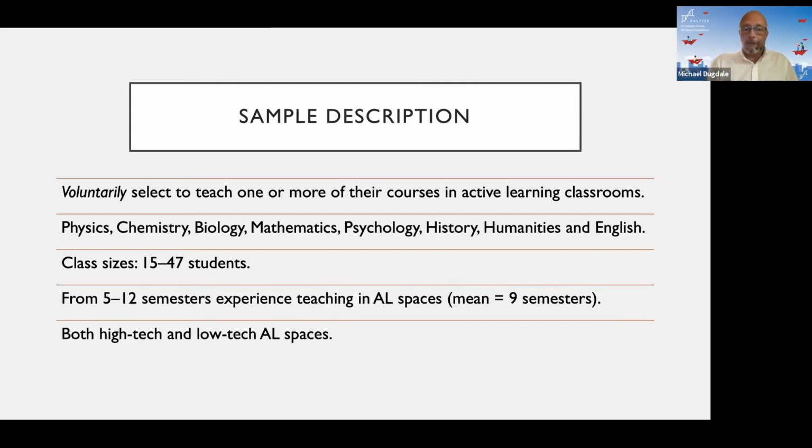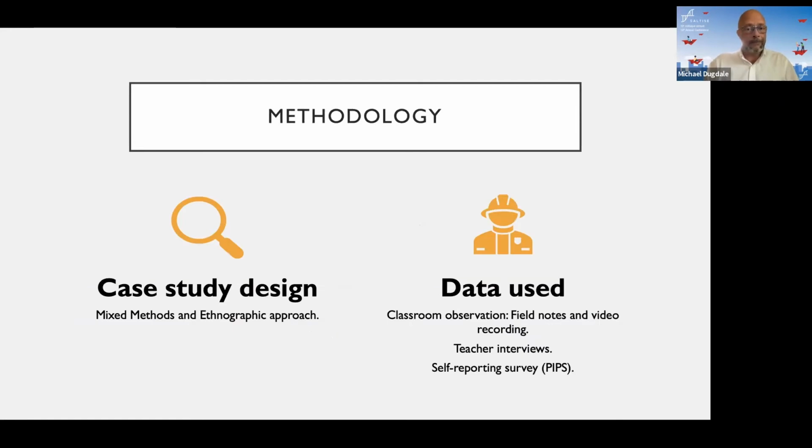The least experienced teacher had 5 semesters of experience in teaching in an AL space, and the mean was about 9 semesters. Now, these AL spaces involve both high-tech spaces with multiple smart boards and orchestrational tools of that nature, as well as low-tech AL spaces where you were really sharing whiteboards and the like.